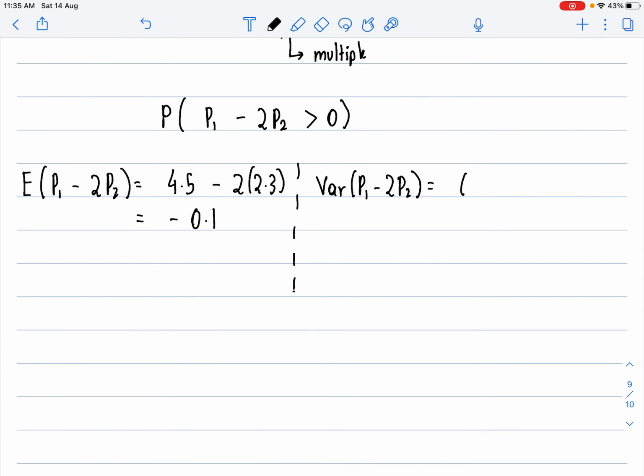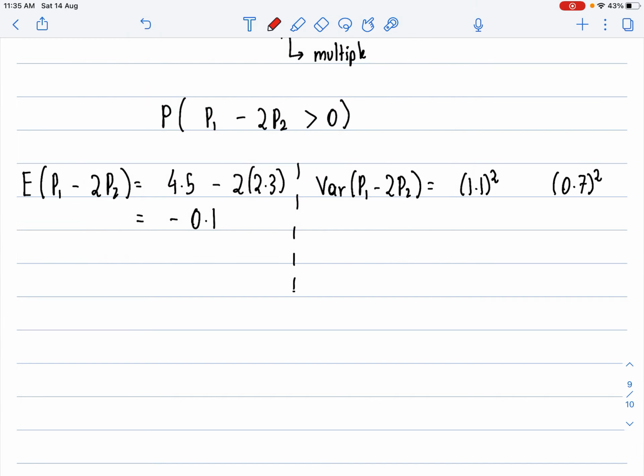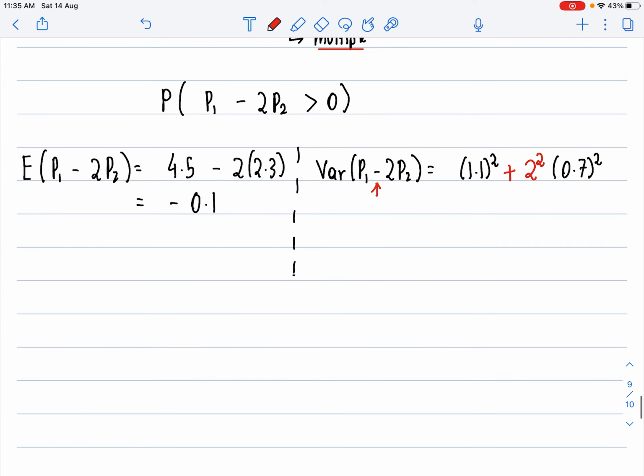So you write 1.1 the whole square, and you write 0.7, the whole square. Now, what will be the sign in the middle? That's important. Here we have a negative, but you know variance can never be negative, so the sign becomes positive. And now I told you the 2 which you have is a multiple. It's a weight. That means it will be squared. So you will basically have 2 square, which you need to understand.